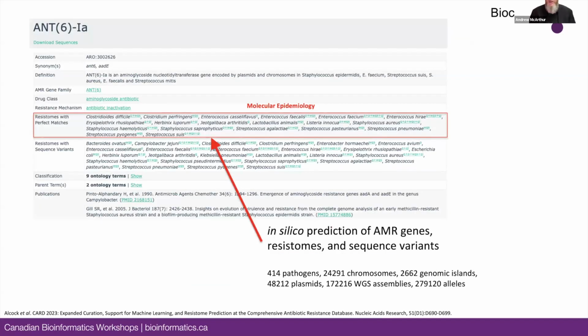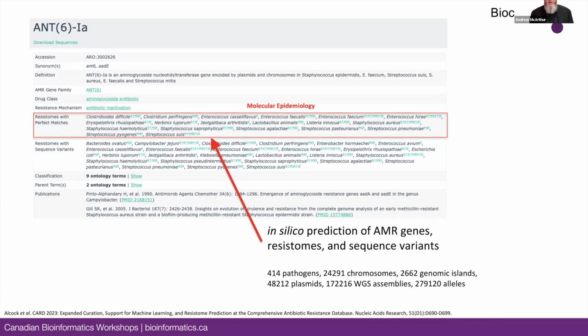On top of that hand-curated data that connects to papers, we do in silico molecular epidemiology. So we're looking at the ANT6-Ia enzyme in CARD. It's coded by a single gene. We do what's called CARD-R. We take just shy of 25,000 chromosomes, 2,600 genomic islands, 48,000 plasmids, and 172 shotgun assemblies for 414 pathogens from NCBI.